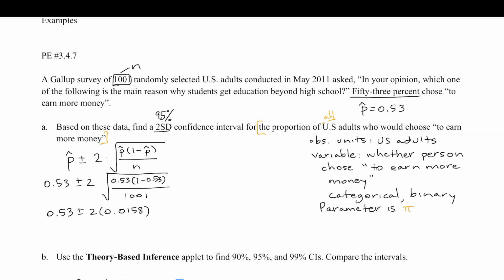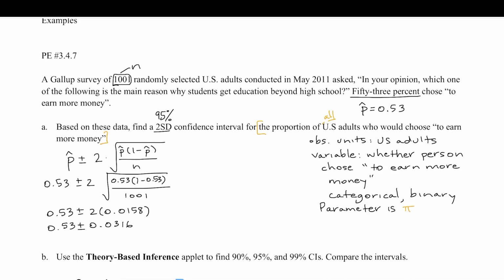So again, really important that you practice this with your own technology and make sure you're coming up with the correct answers. And if you're not, let me know so we can figure out what the problem is. Then I'm going to go ahead and multiply that by 2, and you should get 0.0316.